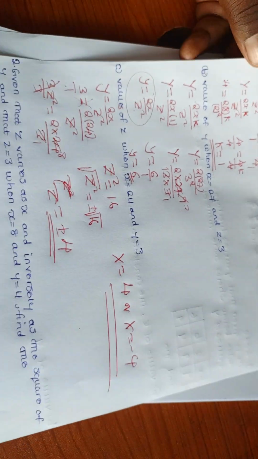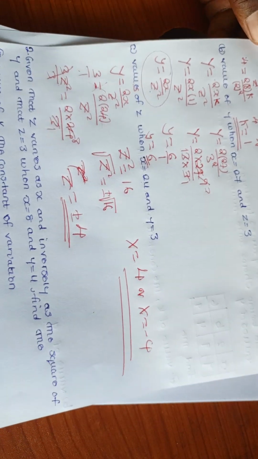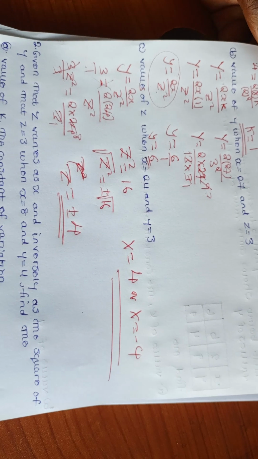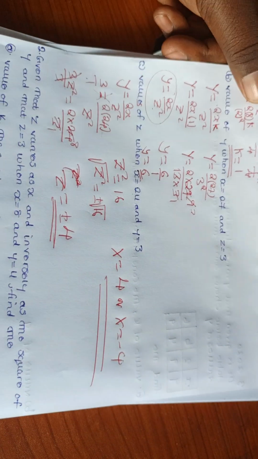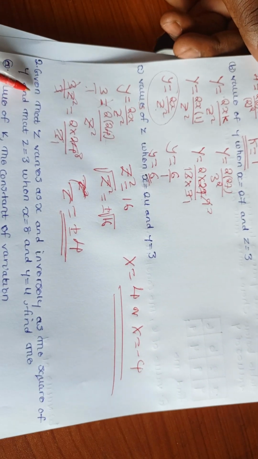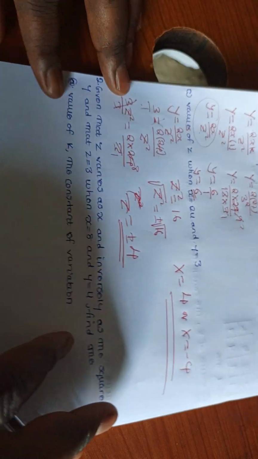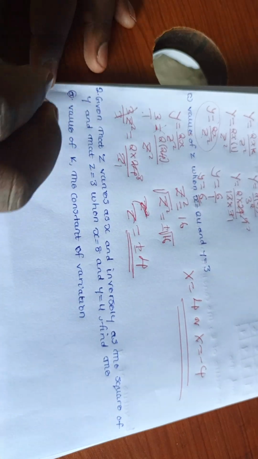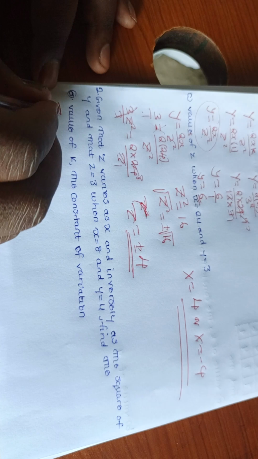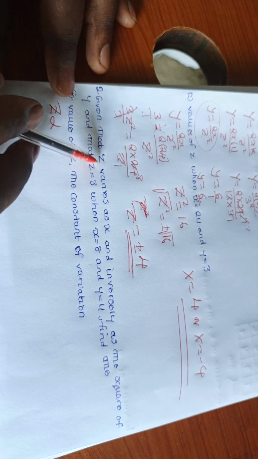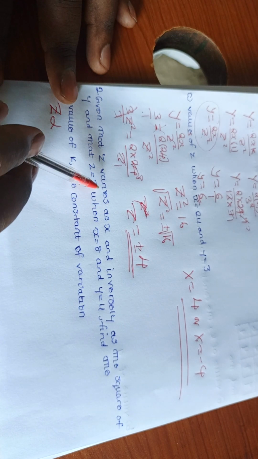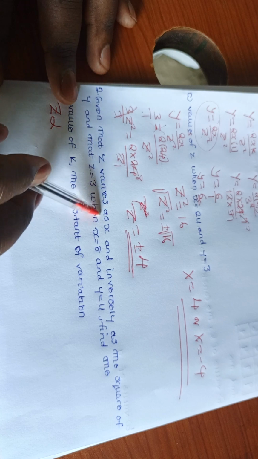Then I go to question number 2. So question number 2 says, given that z varies as x, which means there's direct variation here.